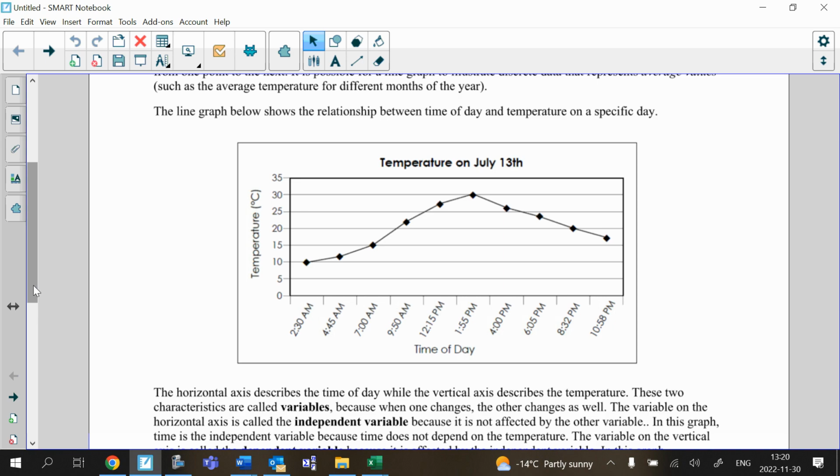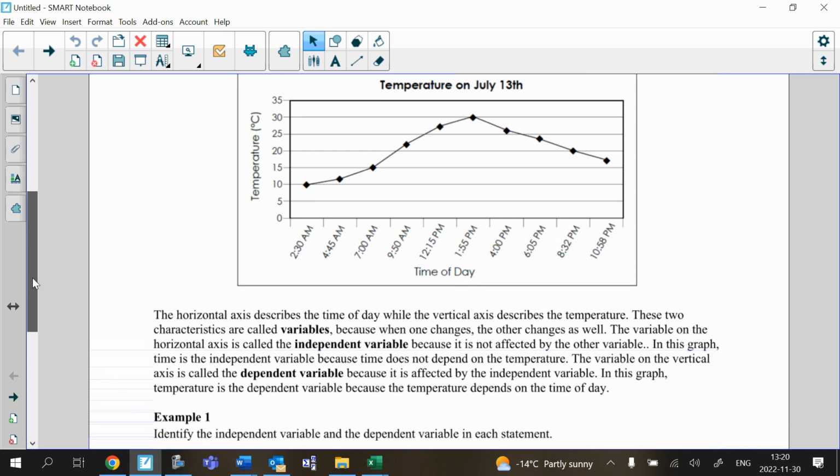And you can just see that by how this goes. Yeah, you are right, it would be more towards 2 o'clock than it would be towards 1 o'clock. Okay.